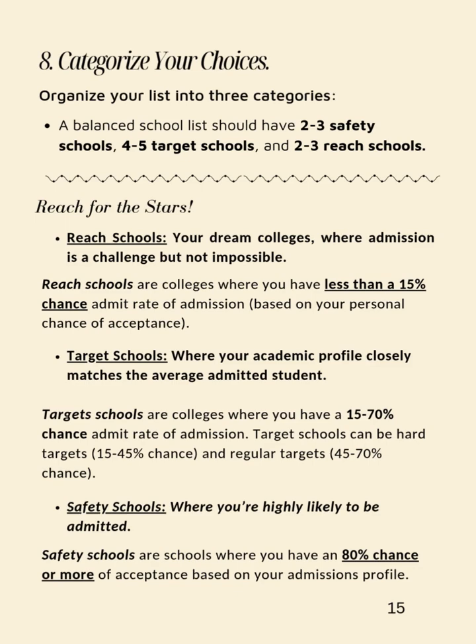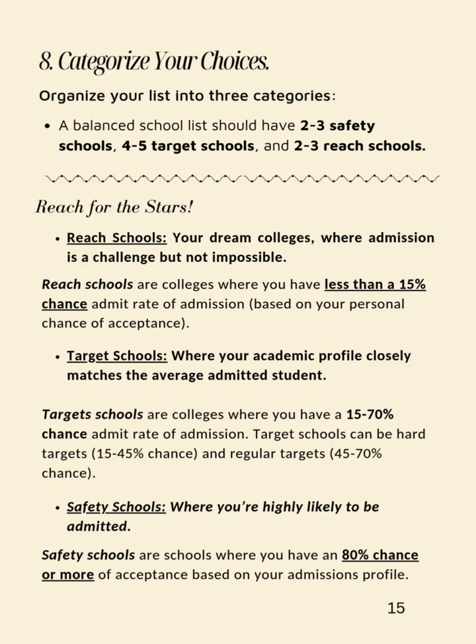And safety schools, where you're more than likely to get accepted and admitted, tend to have about an 80% chance of admission or acceptance. So these are the different categories of schools that you should consider applying to and creating your list from.